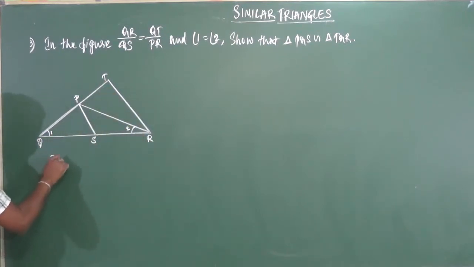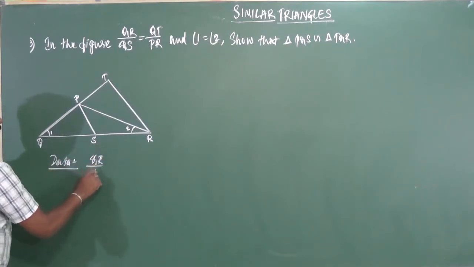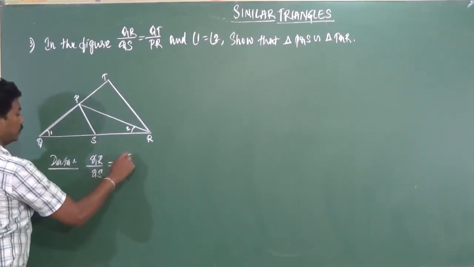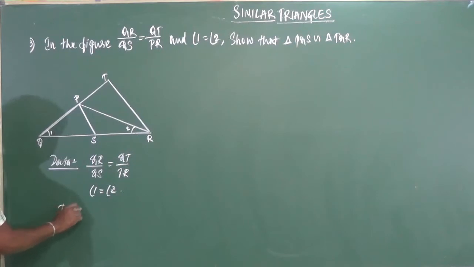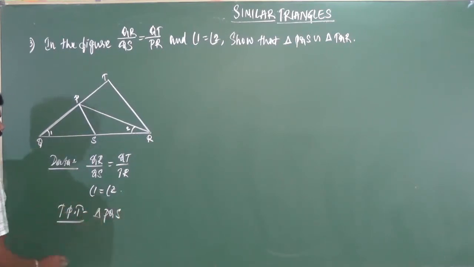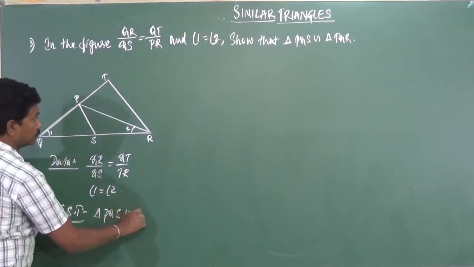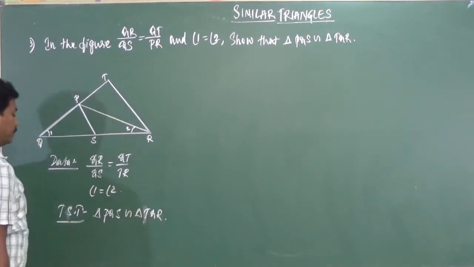So let us get into the data. QR by QS is equal to QT by PR and angle 1 is equal to angle 2. You have to show that triangle PQS is similar to triangle TQR. So very simple.